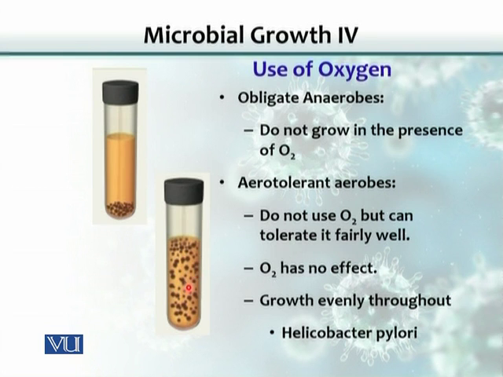So they do have a mechanism in place to dispose of oxygen metabolites. That is why they are called aerotolerant aerobes. A very good example is a bacterium called Helicobacter pylori. This bacterium is present in the stomach of animals and humans, and causes gastritis and gastric problems.